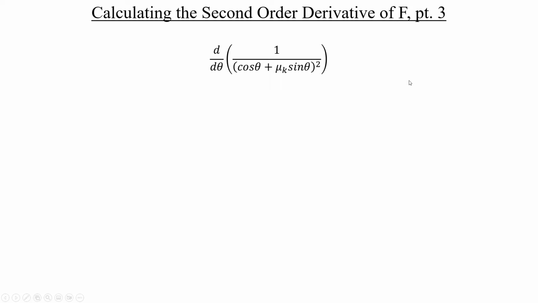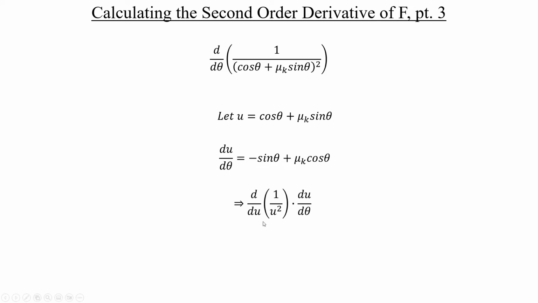The u is exactly the same, which also means that the derivative of u with respect to theta is exactly the same. So that's cool. We can just copy the work over from what we did previously. All that changes is the derivative of this outer function in the chain rule.